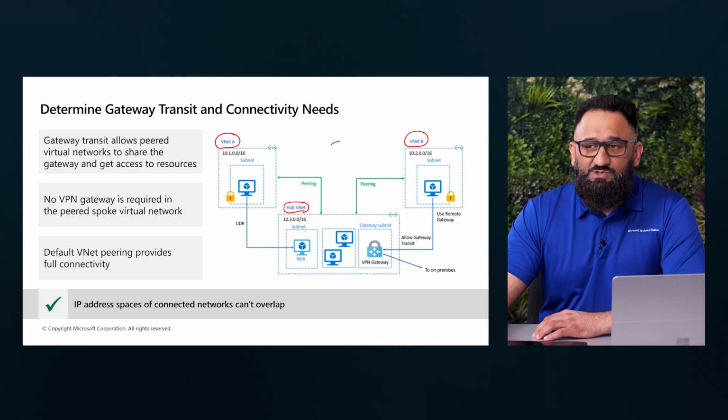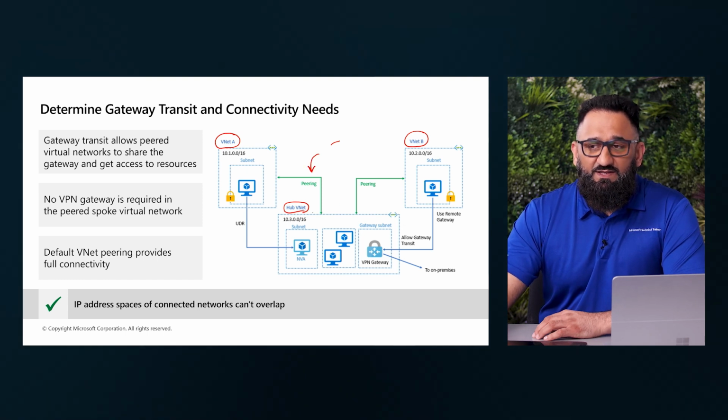So we have three virtual networks in this particular environment. We can see that VNet A is being paired to the Hub VNet, and we have a VNet B that's also paired to the Hub VNet in my environment.